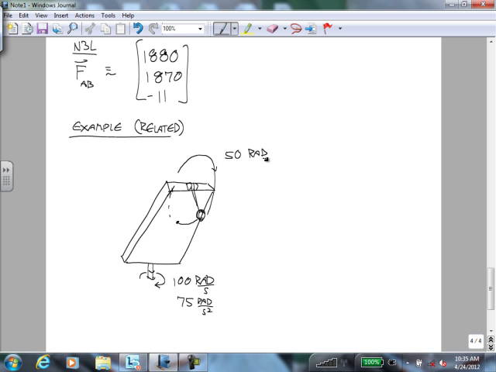So in a lot of ways, this problem looks identical, right? And we're going to still use a coordinate system that's oriented the same way.